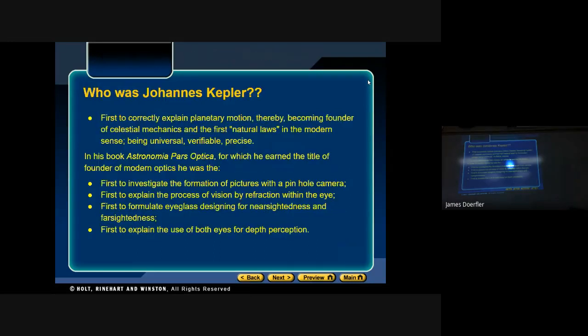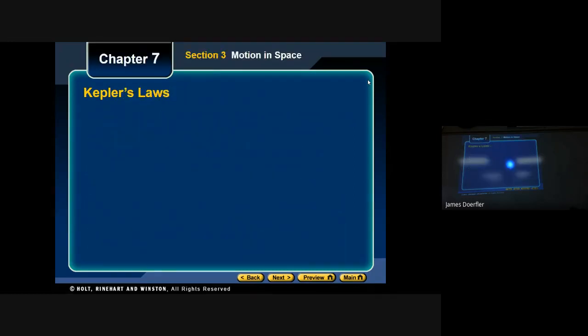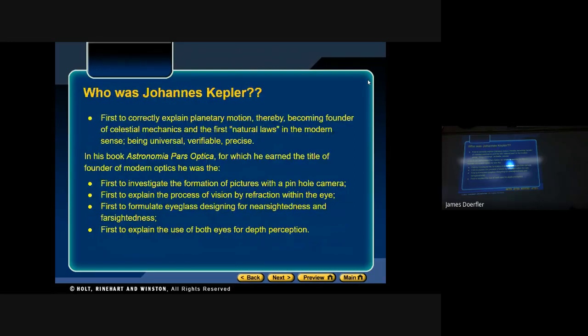Anyway, I've got a couple introductory slides about who was Johannes Kepler. Well, as you see here, he did a lot of stuff, okay? And he had the idea of the pinhole camera, discussed the refraction within the eye, and so on. So he was very involved in optics.